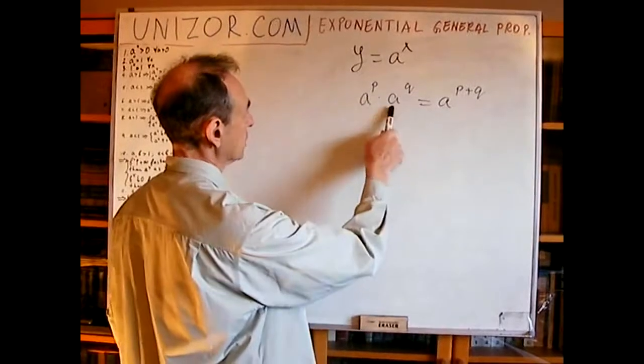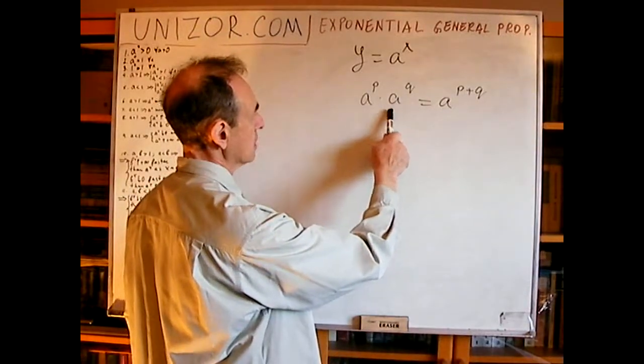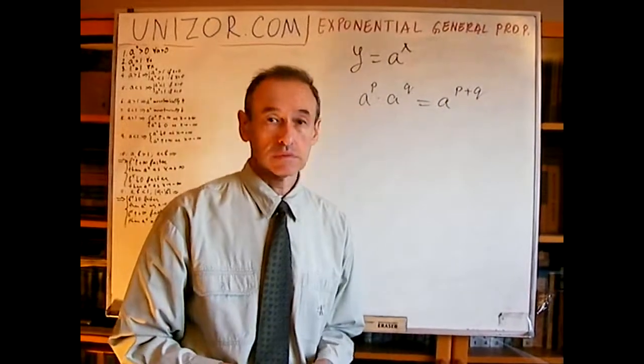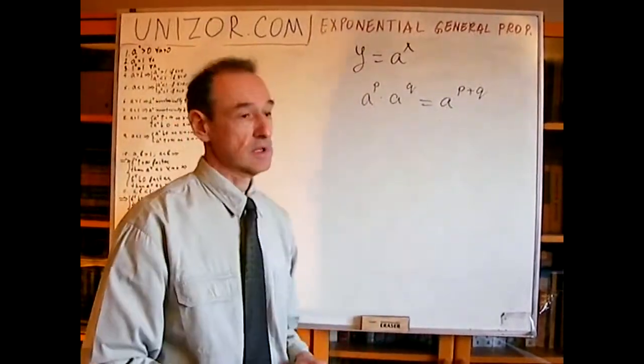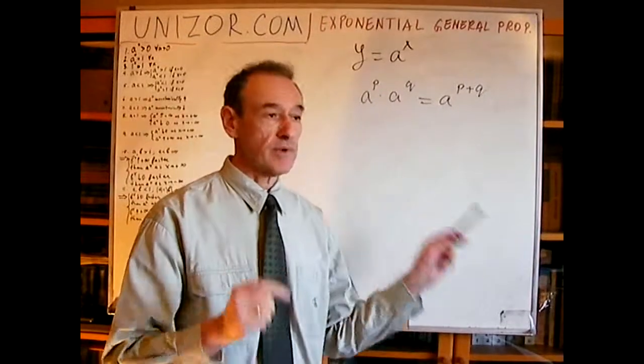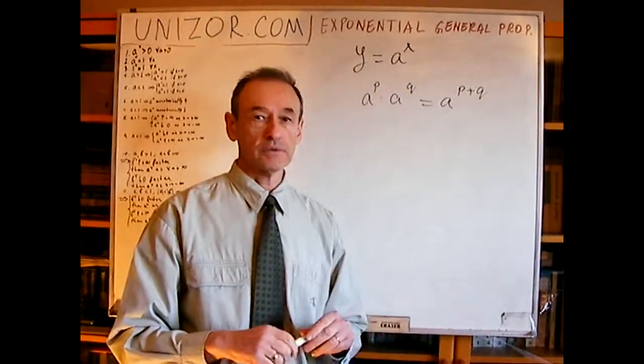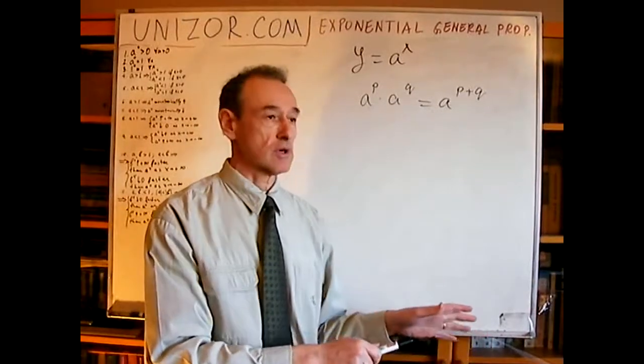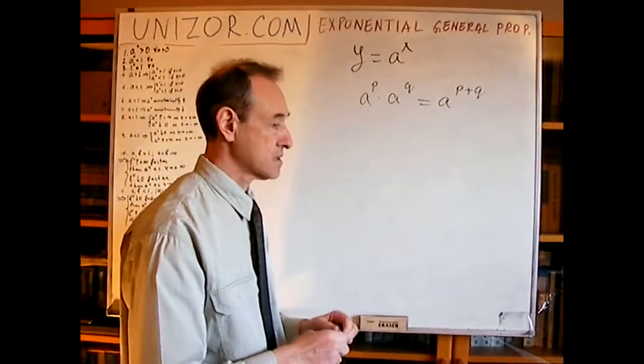So the product of exponents is the exponent of a sum, with the same base, obviously. Now, this is a fundamental property of exponential functions, and all definitions in the previous lecture were based on this.